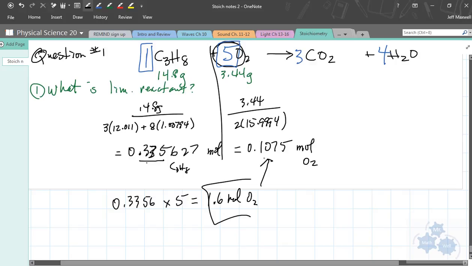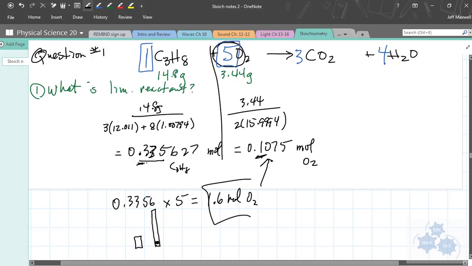So the fact that this number is even less than this number, and you know you need 5 times more, which one do you not have enough of? Oxygen. So does it make sense that oxygen is the limiting reactant? Okay? So again, if we use a little bar graph here, this is 0.33, and I need 1.6 of oxygen. Well, I only have 0.1. That's all I have.